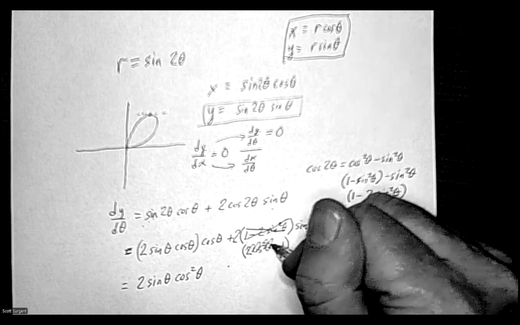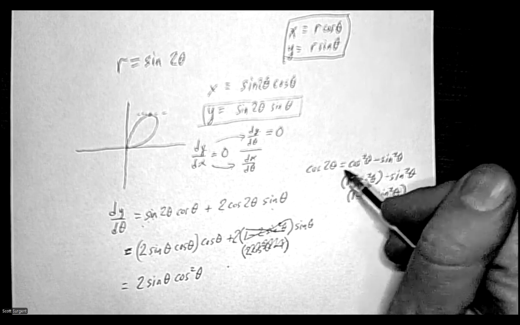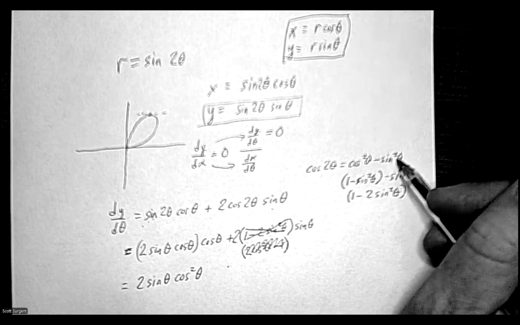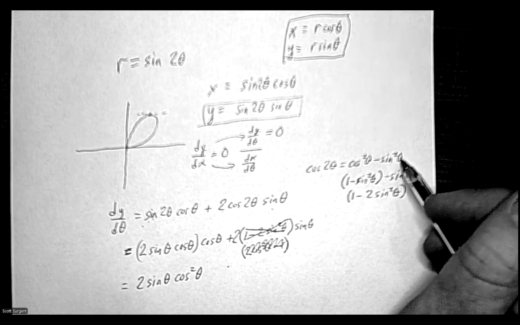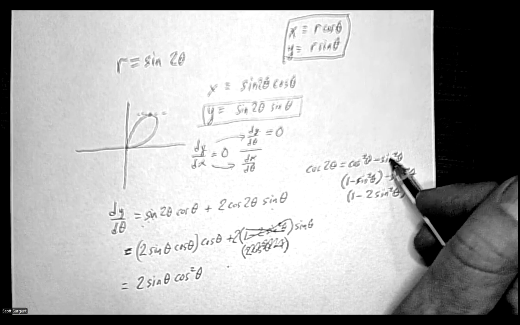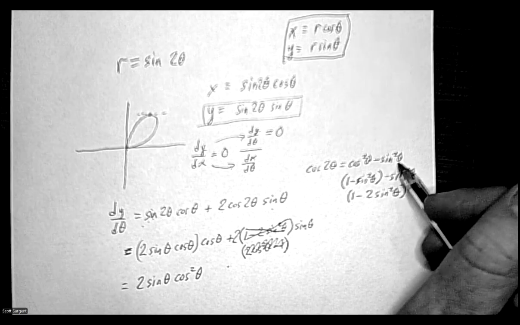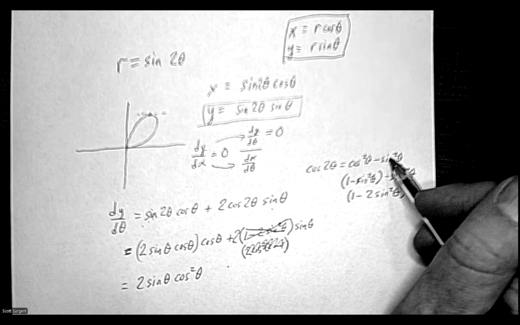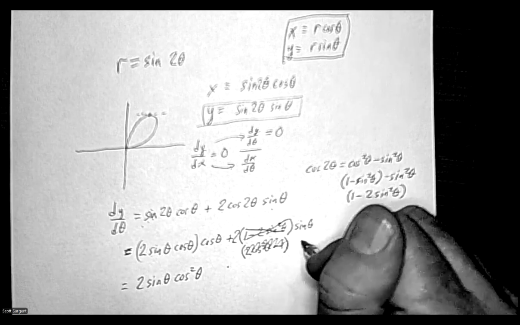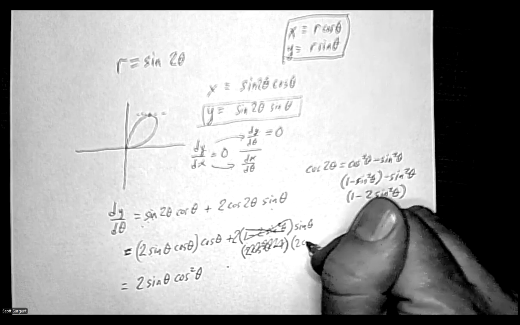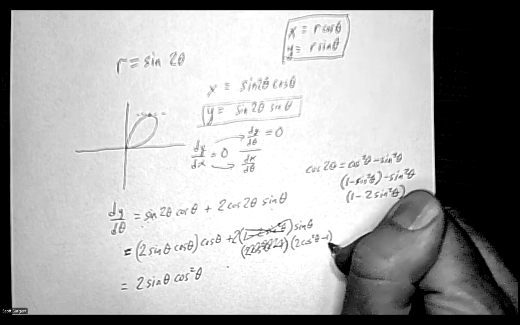No, that's not correct. Hold on. So again, I remember this one, cos squared minus sine squared, that's the cos of 2 theta. If I replace sine with 1 minus cosine squared, actually, I had that right. It was 2 cosine squared minus 1.